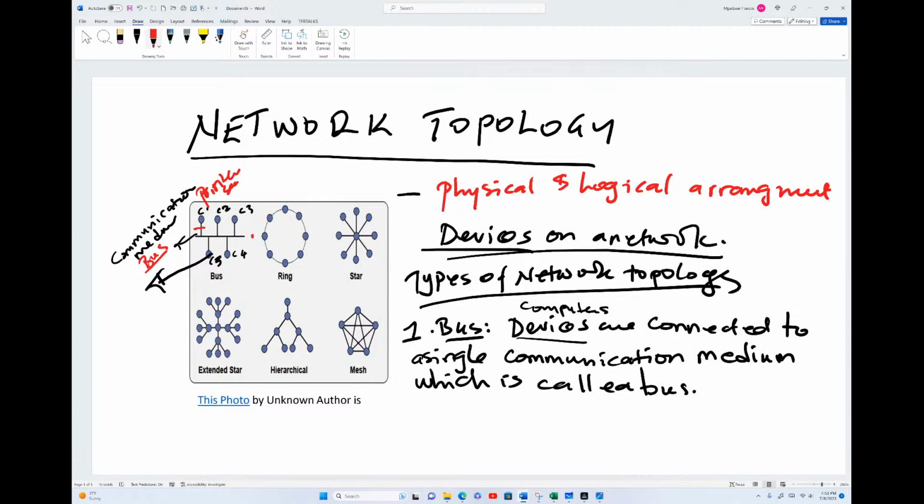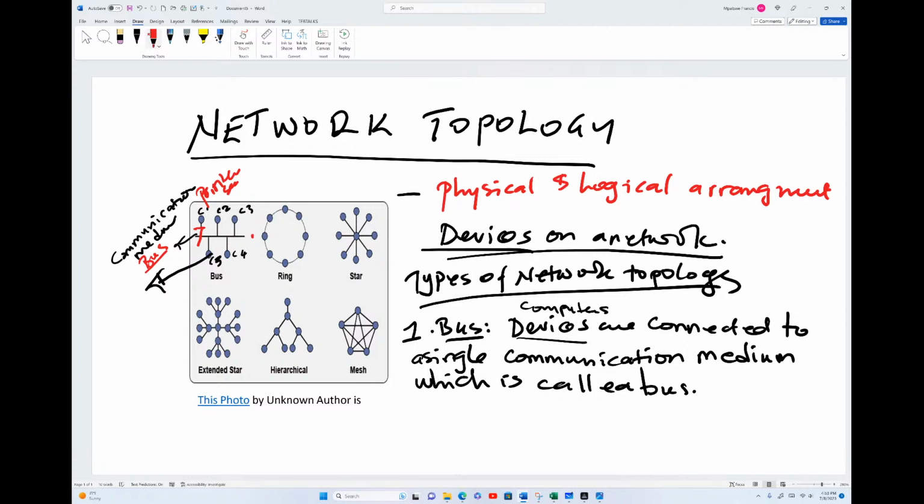So what will happen at the end of the day is that all the other devices connected on this network will not get any service, because the communication was done in a single medium. There's no other alternative. That's what we call the bus topology.